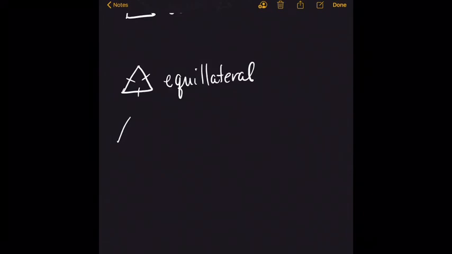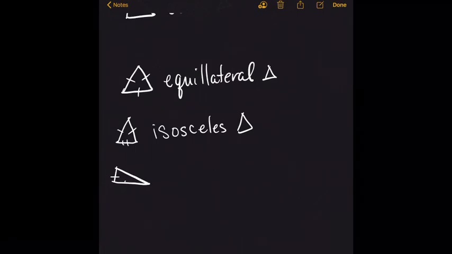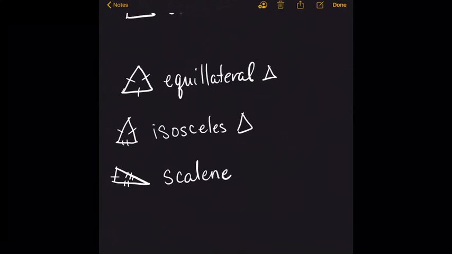Isosceles triangles are such that 2 are the same and 1 is different. And lastly, scalene, where all 3 sides are different.